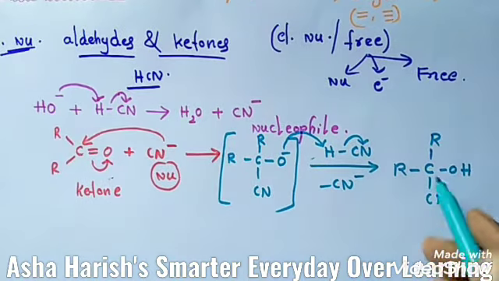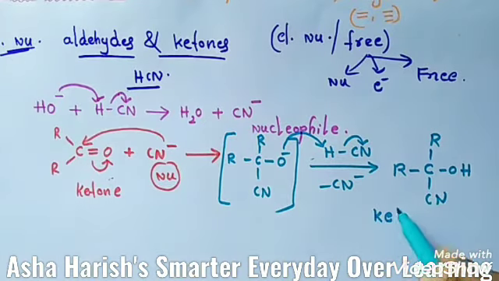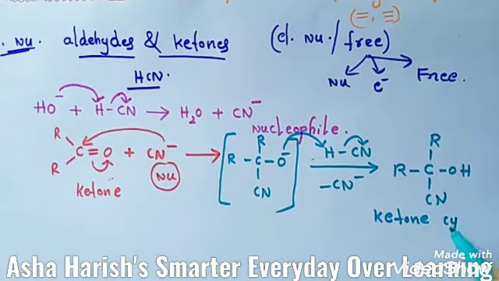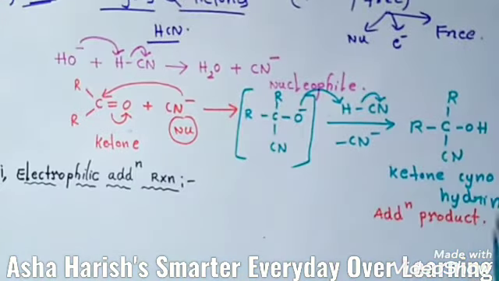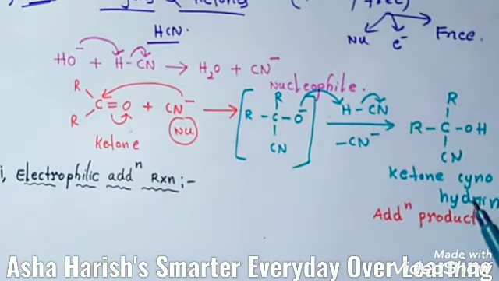The name of this compound is ketone cyanohydrin. The final product formed is known as the addition product. This is about nucleophilic addition reaction.